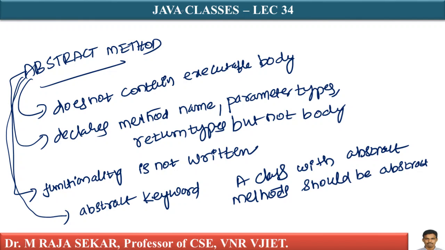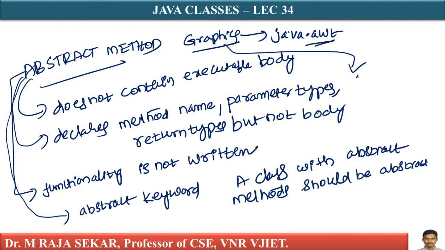There is a class, Graphics class. I will discuss this Graphics class in future classes. Time being, just understand there is a Graphics class available in a package known as java.awt, Abstract Window Toolkit package, that contains several abstract methods.